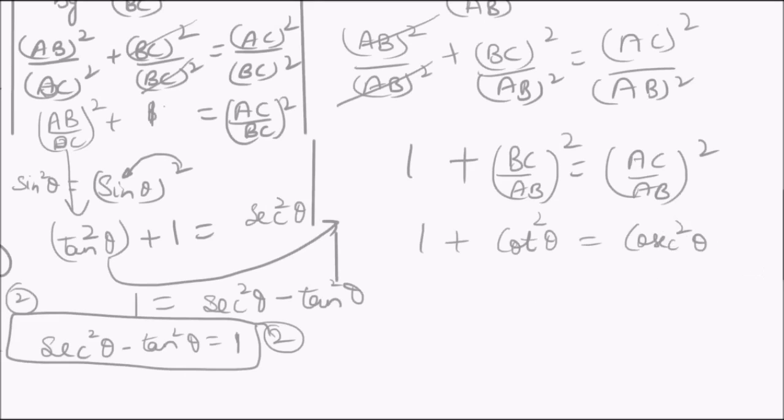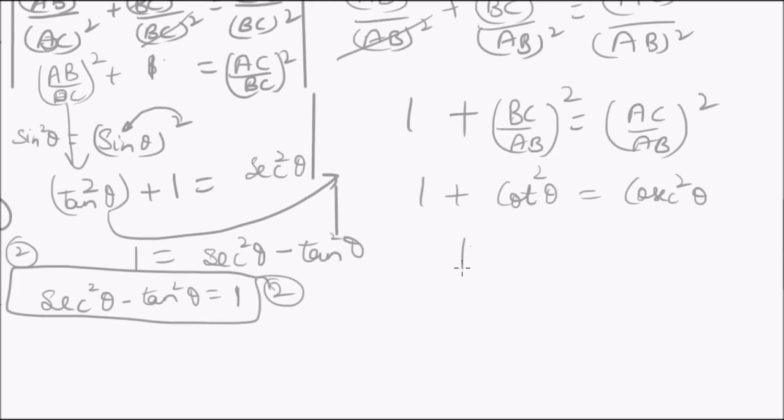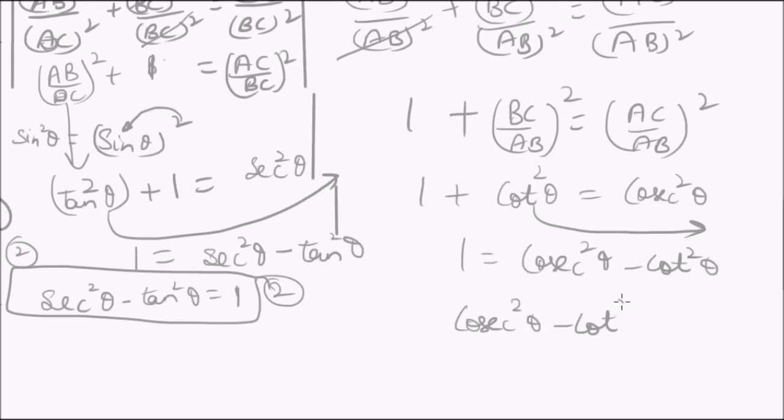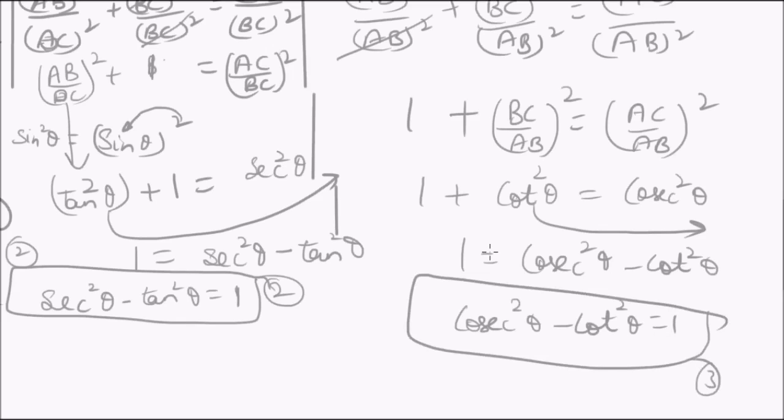For symmetry, let us move 1 to a separate side and cot square theta to another side, and the equation becomes cosecant square theta minus cot square theta equals 1.